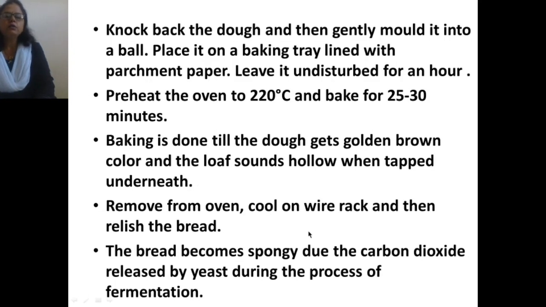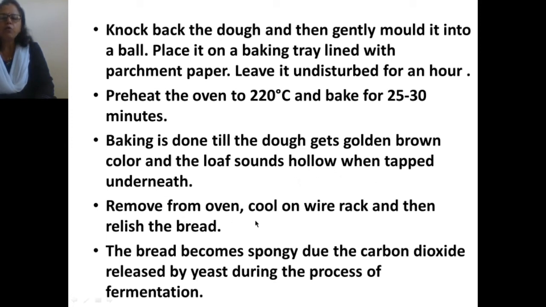And then knock back the dough and gently mold it into a ball and place it on a baking tray lined with parchment paper and leave it undisturbed for an hour. Then preheat the oven to 220 degrees Celsius and bake for 25 to 30 minutes. Baking is done till the dough gets a golden brown color and the loaf sounds hollow when tapped underneath.